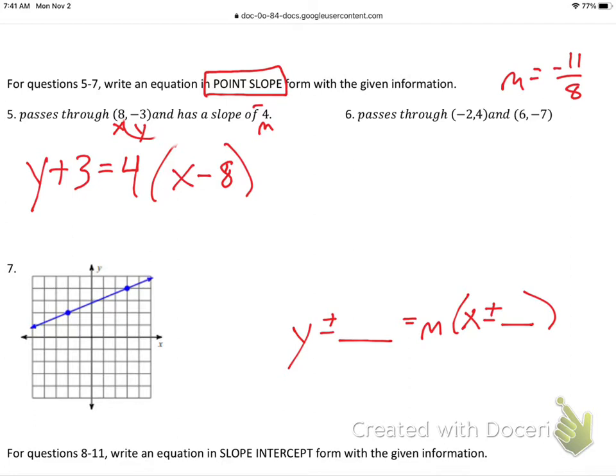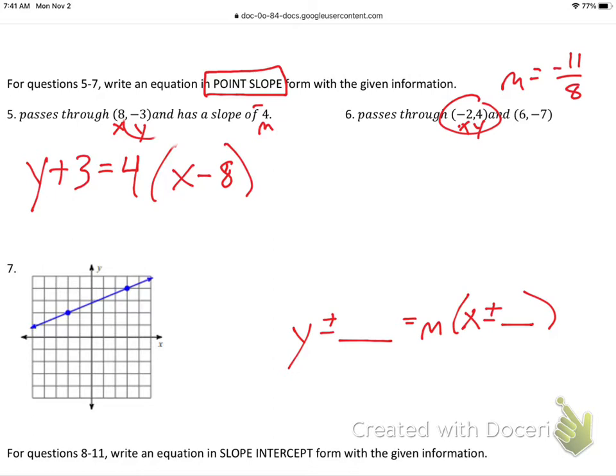So now I can pick either one of these. I'm just going to pick this one right here. And this has my x, and this has my y. I'm just going to plug it in, keeping in mind that because it's in point-slope form, the x and the y are going to be the opposites.